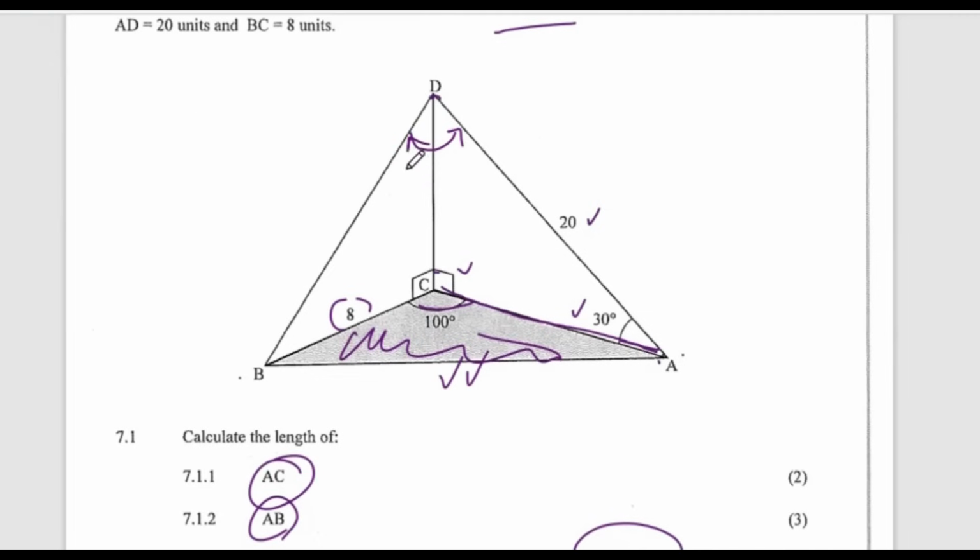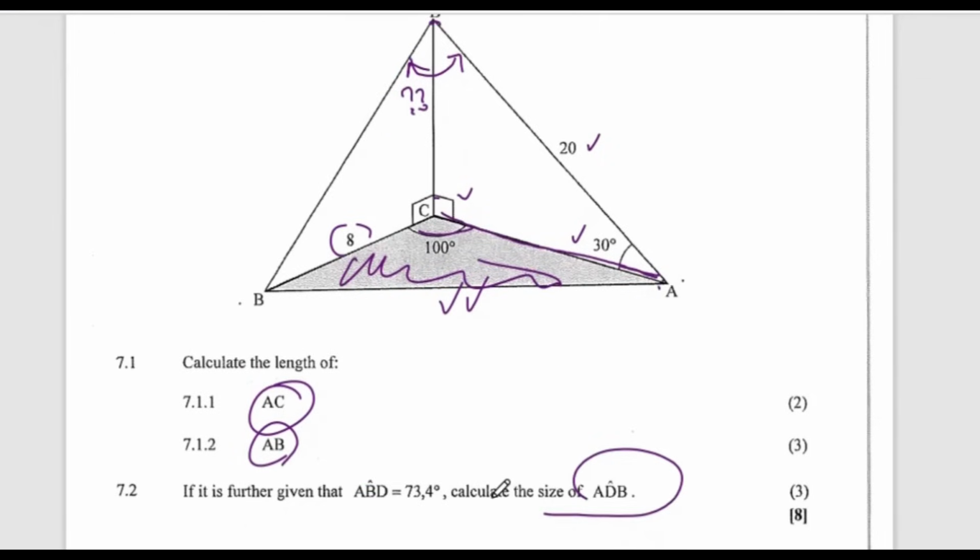That is what we want. We've been given ABD, all of this, to be 73.4. So this angle goes with that, this angle can go with that. Remember this second one, which means we can use the sine rule.